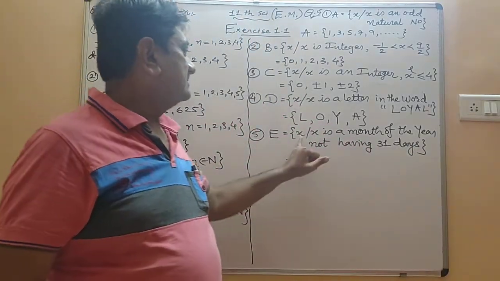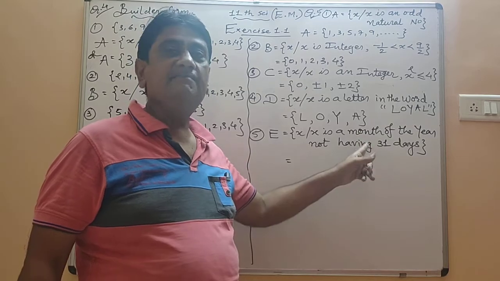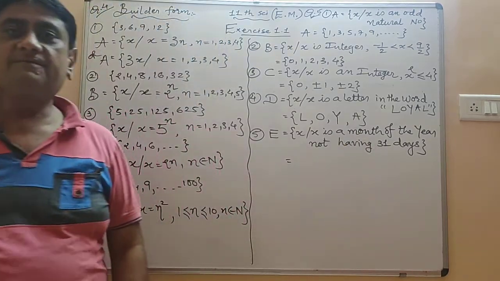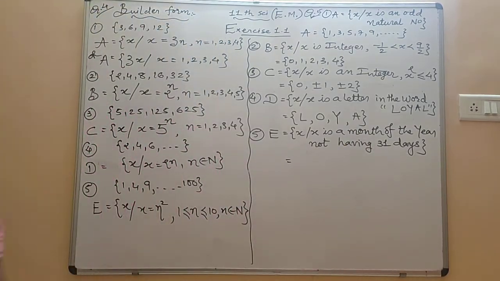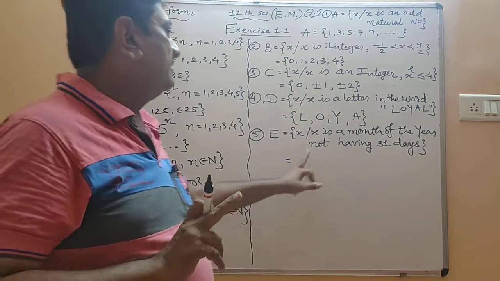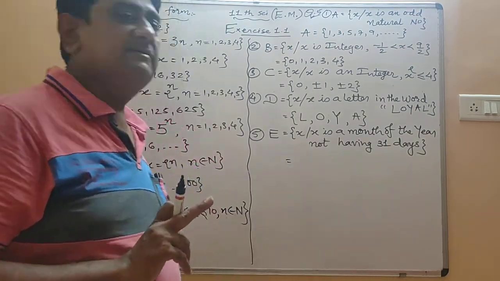It means x is the name of a month of the year. How many months are there in the year? There are 12 months in the year. But we require those months which do not have 31 days.